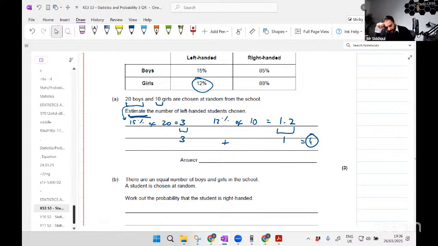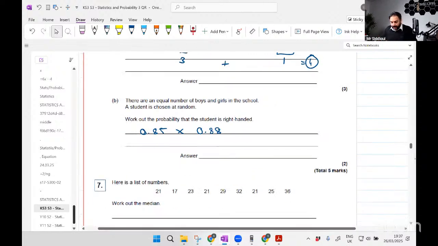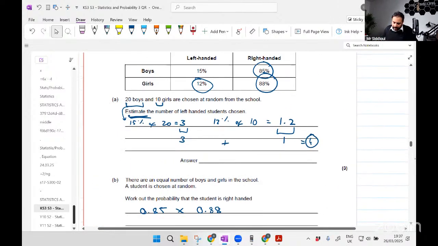I think what you do is you take the probability of a boy being right-handed, 0.85, and times it by the probability of a girl being right-handed. And I think that's what you would do for that question. Yeah, that's it. Oh no, wait a minute.